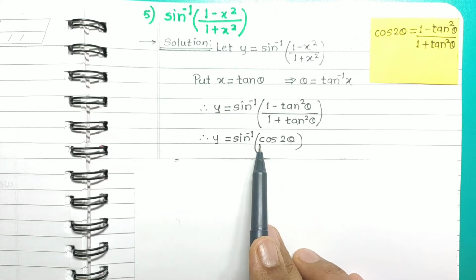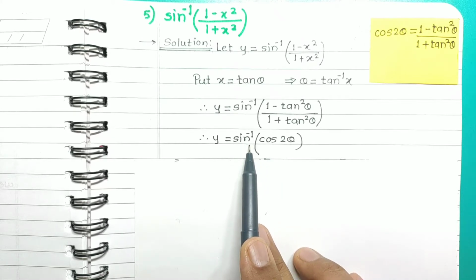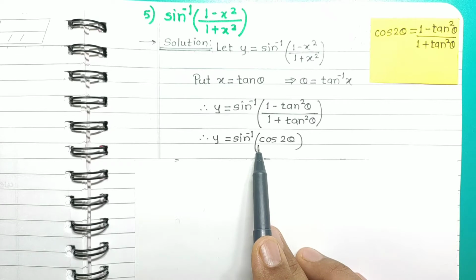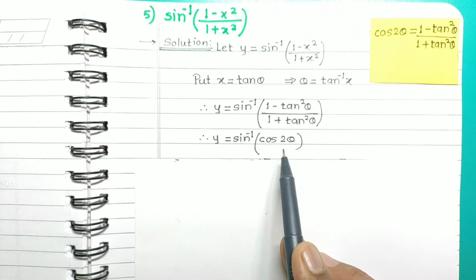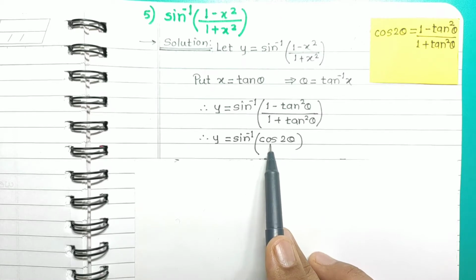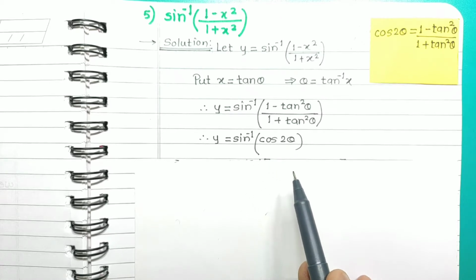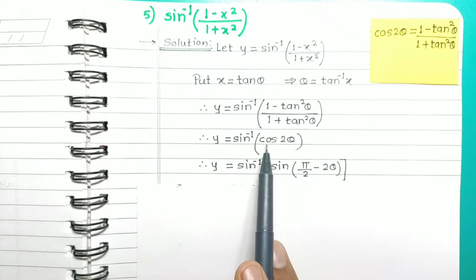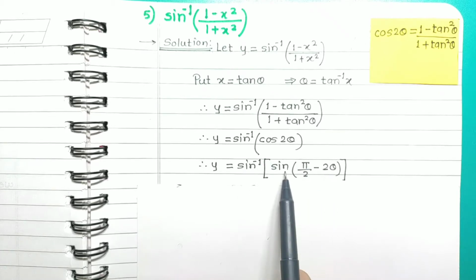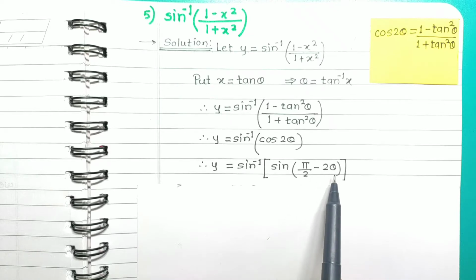Now out of the bracket there is the sine inverse function. If we arrange a sine function in the bracket, it will be easy to simplify. So let's convert this cos term to a sine term. We write cos 2 theta as sine of (pi by 2 minus 2 theta).